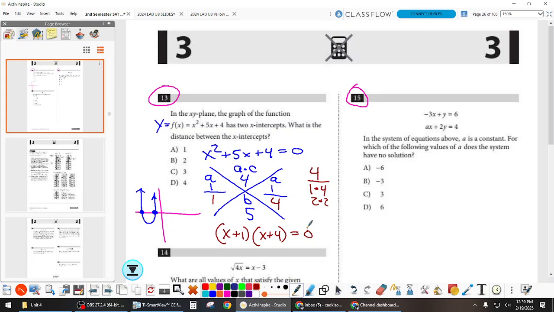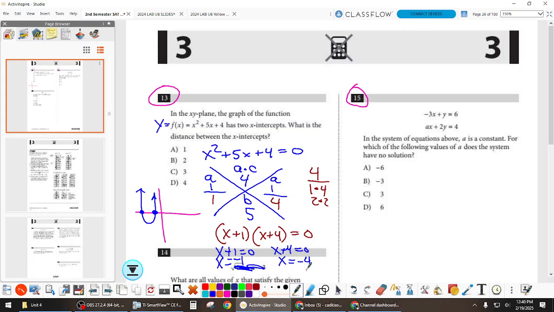Remember, we have to split this up and say either that's 0 or that's 0, right? So x plus 1 equals 0, or x equals -1. And x plus 4 equals 0, or x equals -4 when you solve.